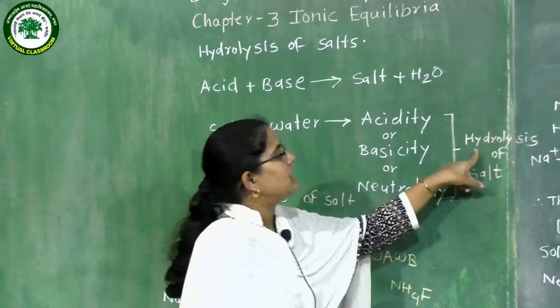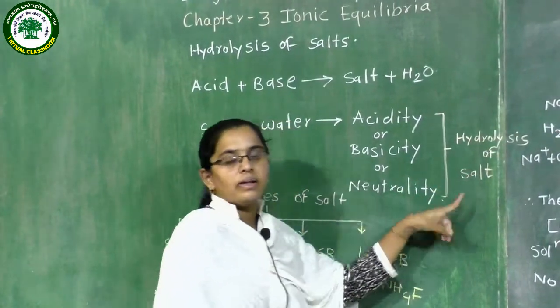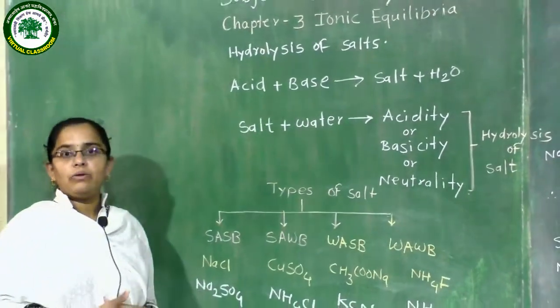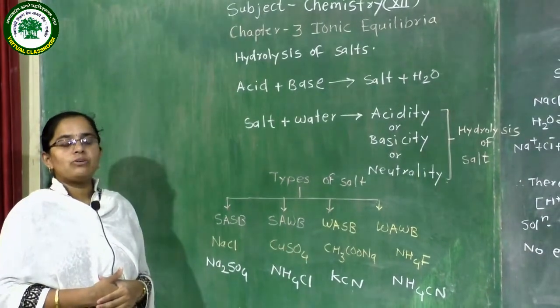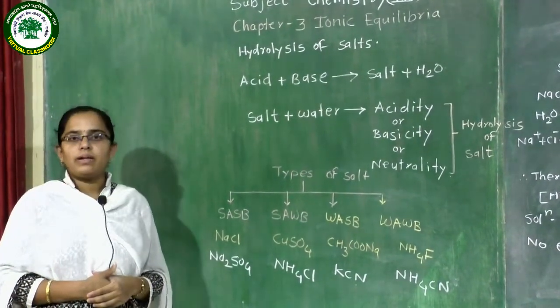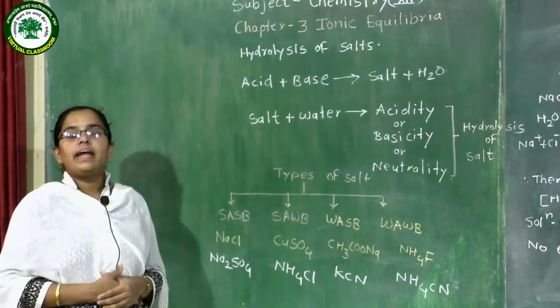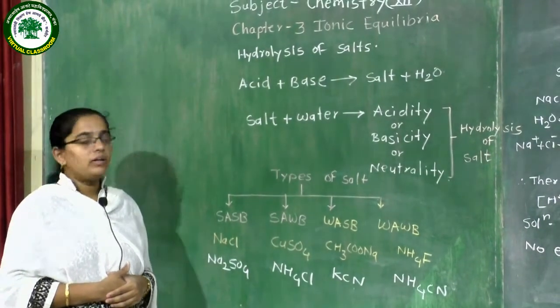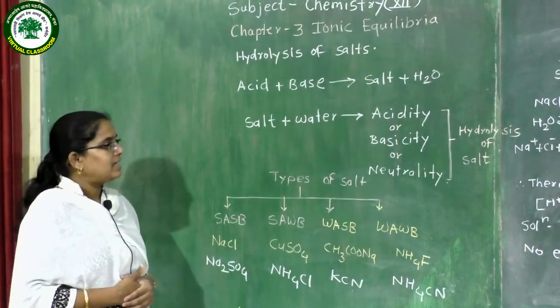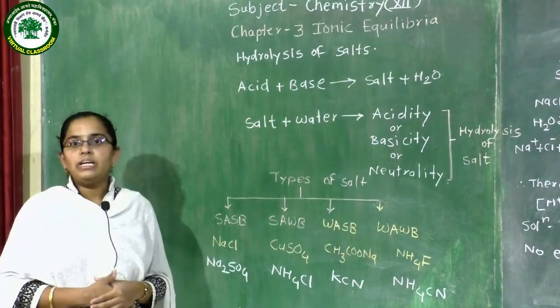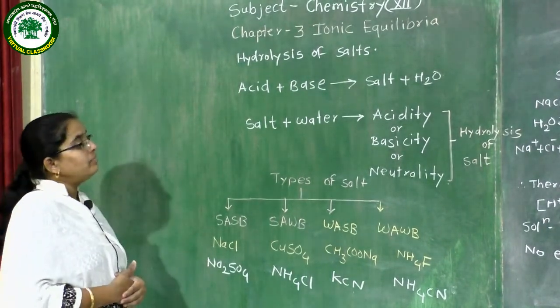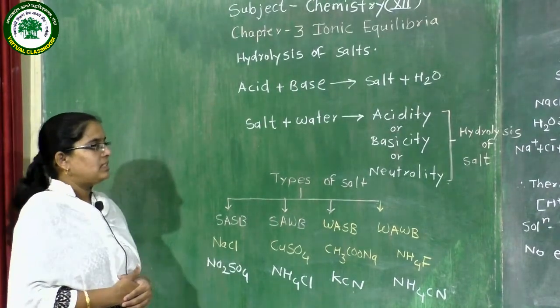The overall process is called hydrolysis of salt. How will you define hydrolysis of salt? Hydrolysis of salt means ions of salt, that is cation or anion, react with ions of water to form sometimes acidity, basicity or even neutrality.